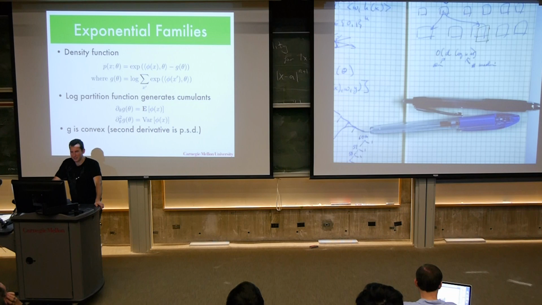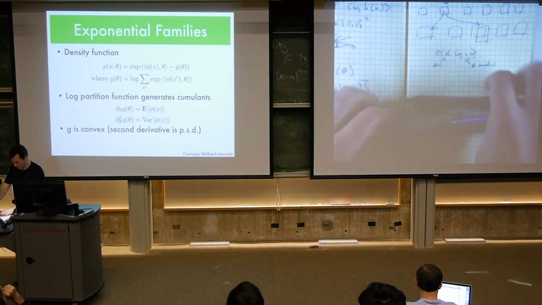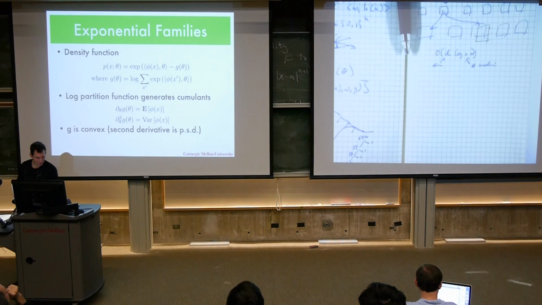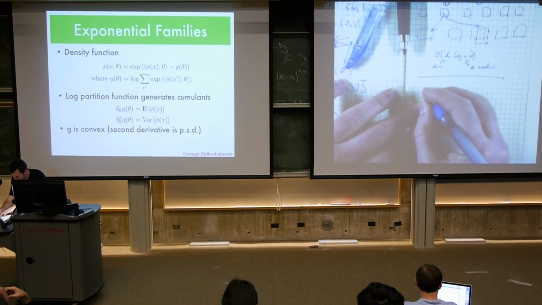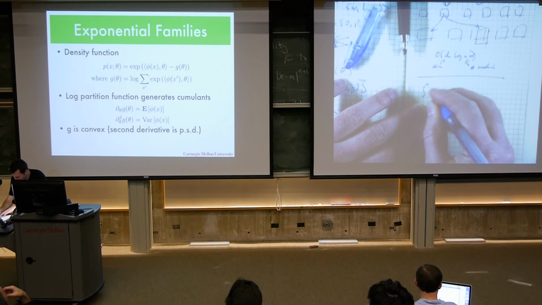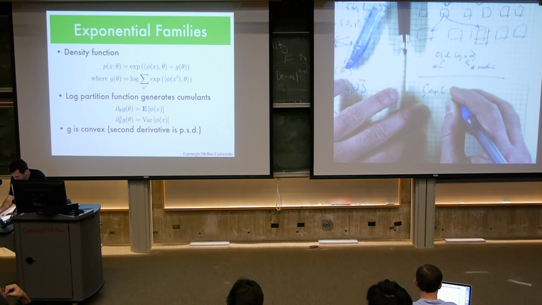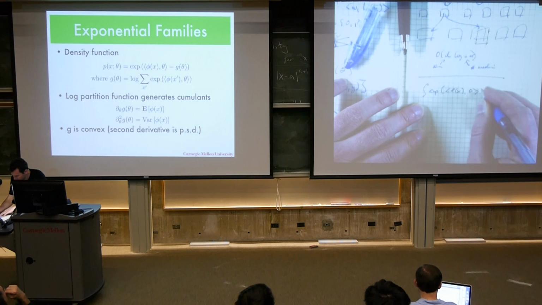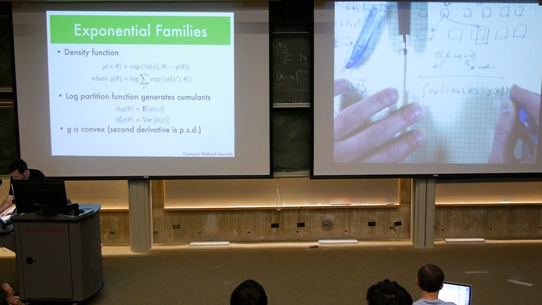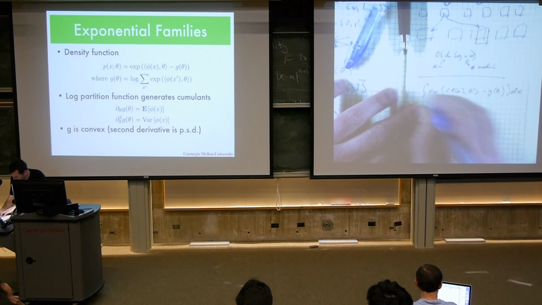It makes sure that the entire thing integrates out to 1, and so we can actually derive the equation for g, and that's nothing else than, well, we need to make sure that the integral of exp of phi of x dot theta minus g of theta, dx, equals 1.